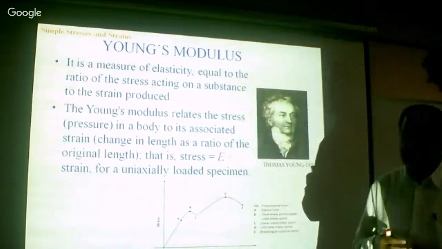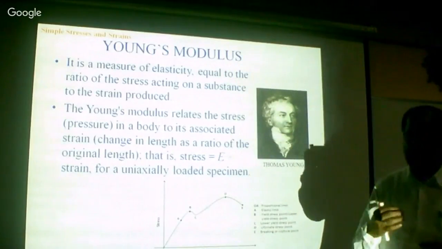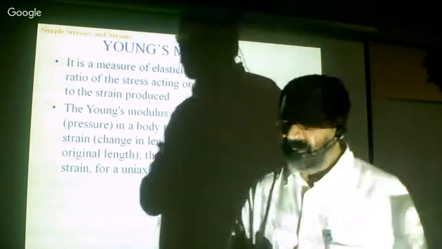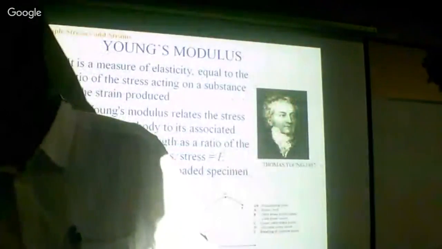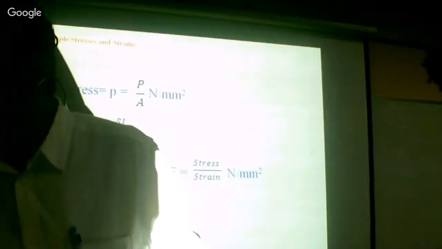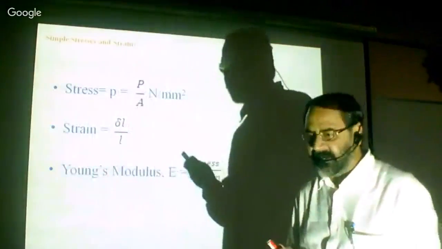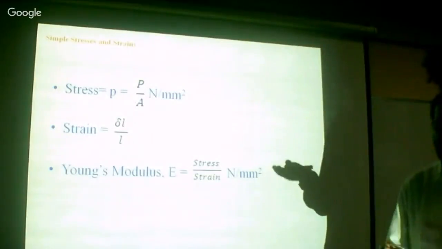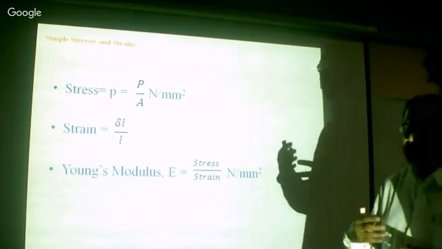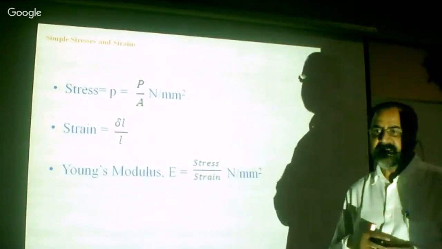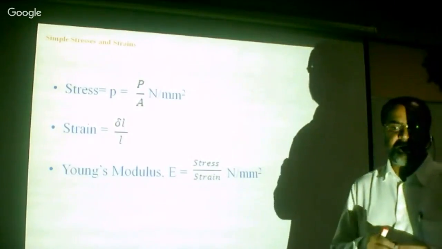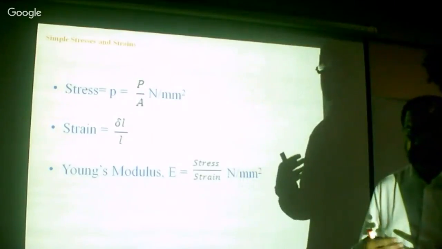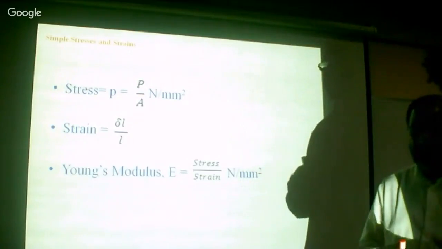Young's modulus is the ratio between the stress and strain within the elastic limit. It is an elastic constant. The stress is calculated based on the load applied and the cross-sectional area of the material element, and strain is calculated based on the deformation, that is, the change in length divided by the original length of the material.